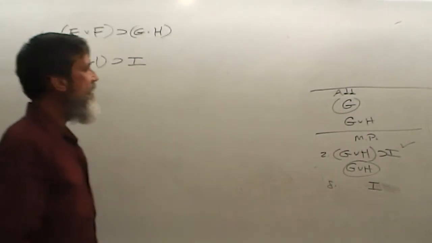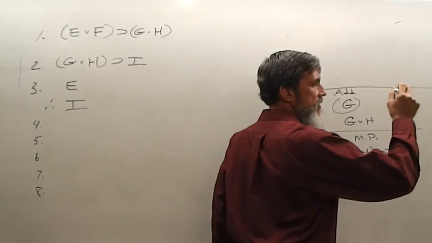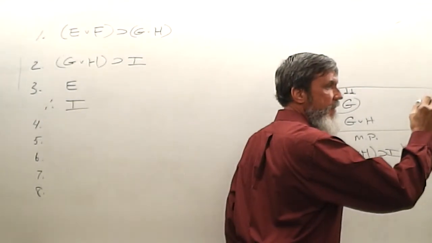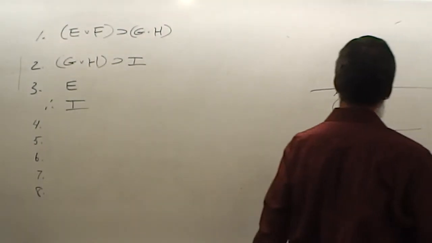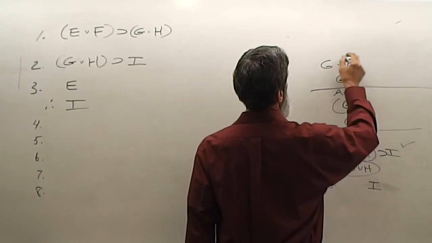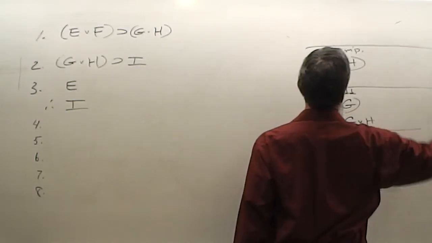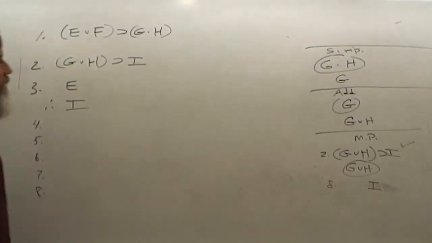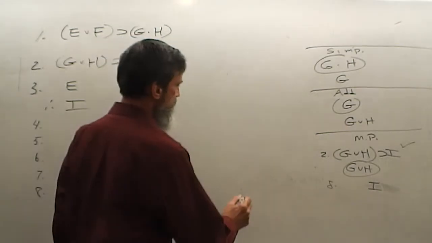How do you want to get it? Simplification. One, two, three. We have 2 steps to get this done. How are you getting G dot H out of line 1? Modus ponens.